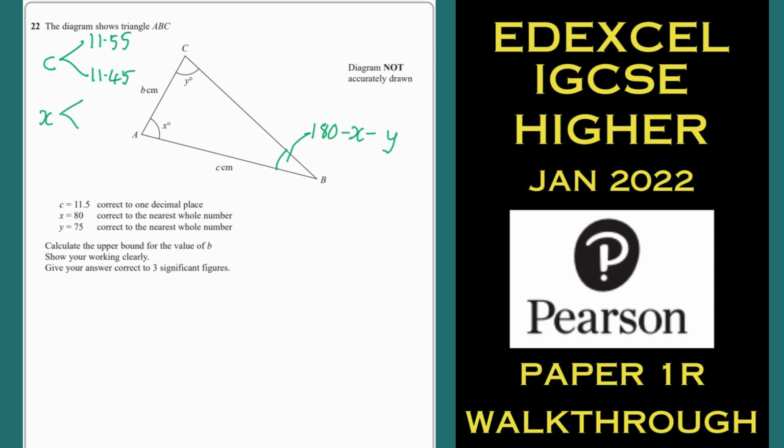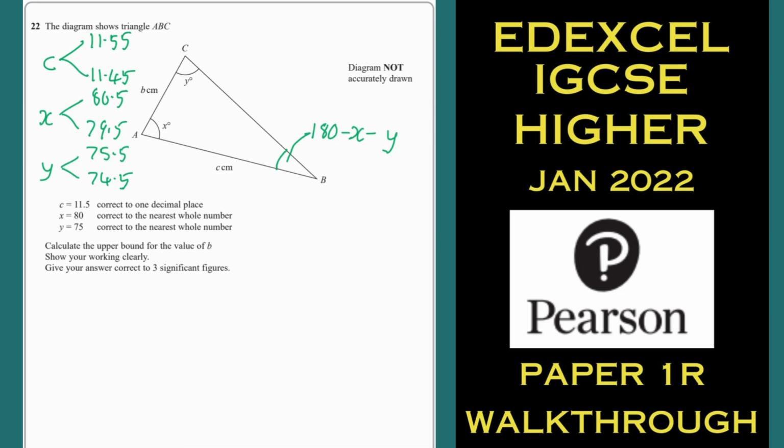X, whole numbers, so go up and down by a half. And Y is also whole numbers, so go up and down by a half. And this is one of those errors and bounds questions. Normally they give you a formula. This is the one they haven't done here. They've just said upper bound of B.